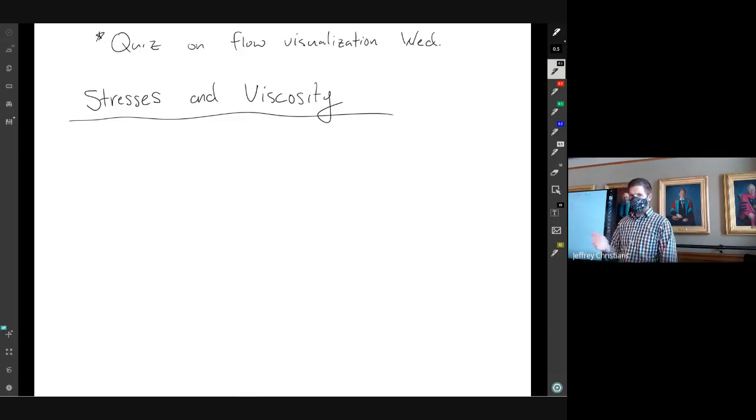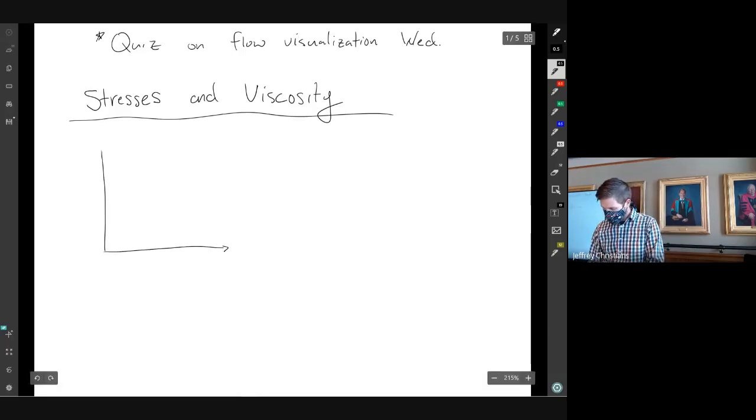So if we imagine a little piece of fluid, what types of forces could be acting on this fluid? Let's imagine we'll make it a cube because that will make some of this easier. Let's imagine a cube of fluid.